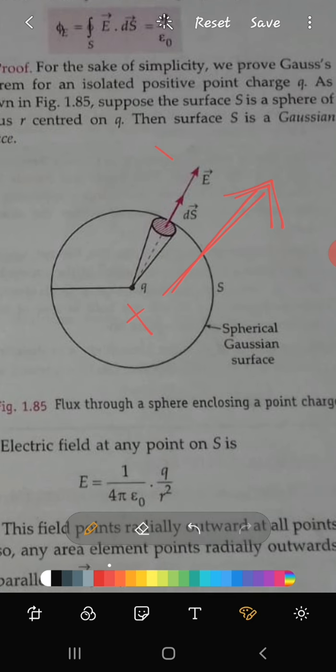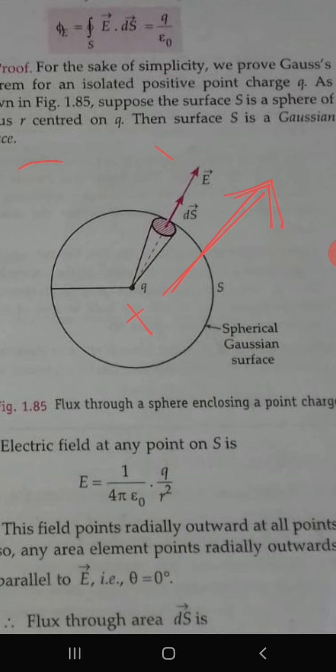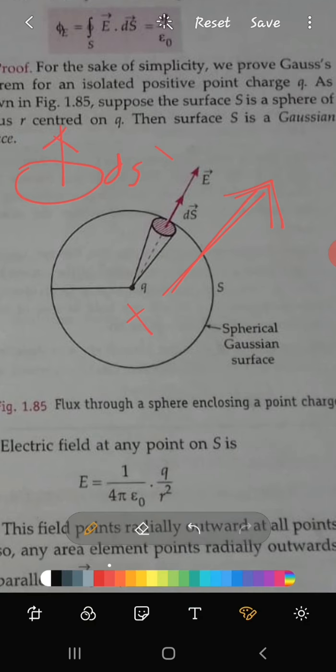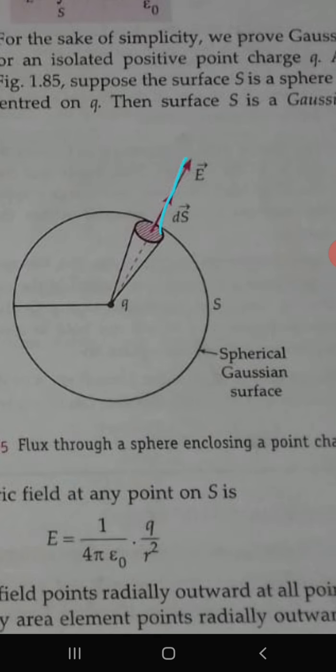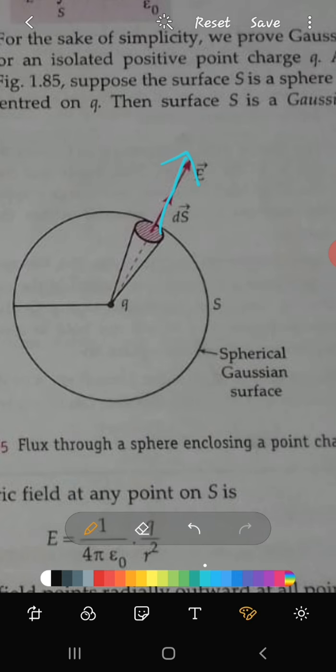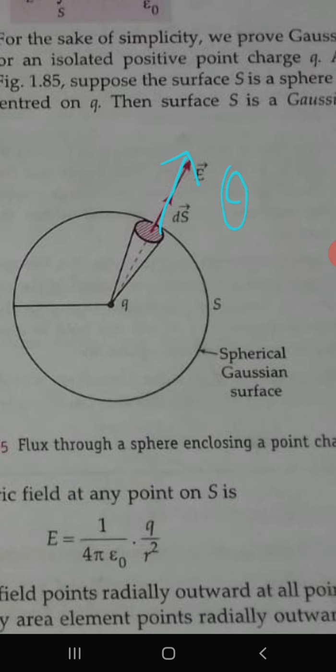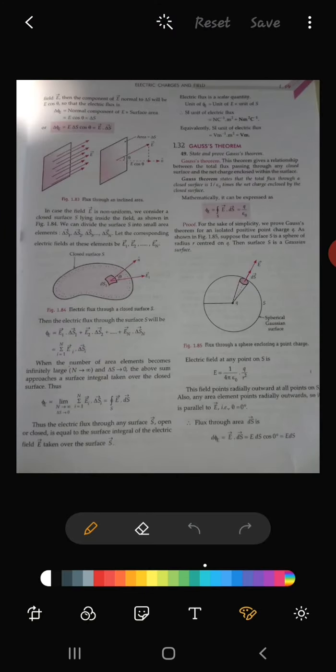This is the surface area dS, and this line indicates the normal component perpendicular to the surface area, and this overlapped line indicates E, the electric field. So the angle theta between the normal and the electric field is 0, because both dS and E are parallel to each other.